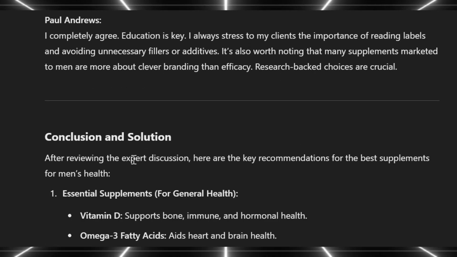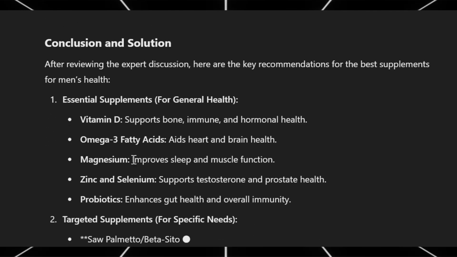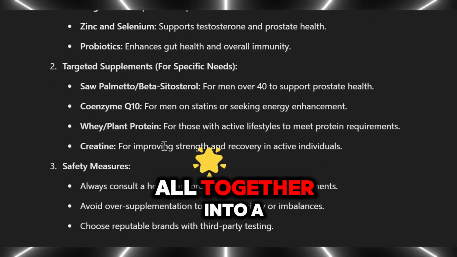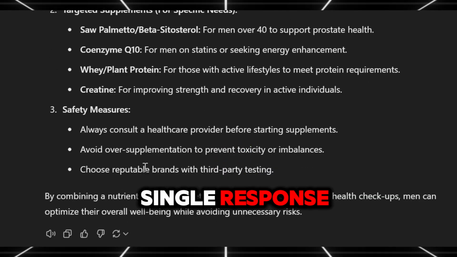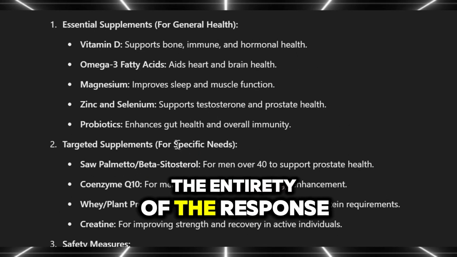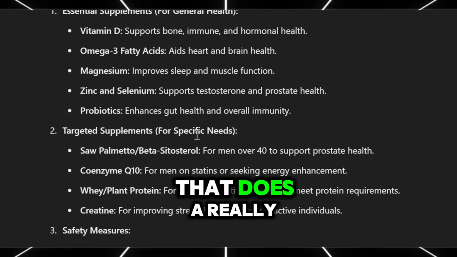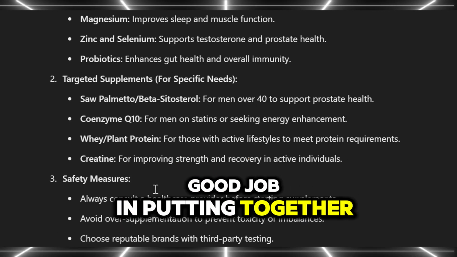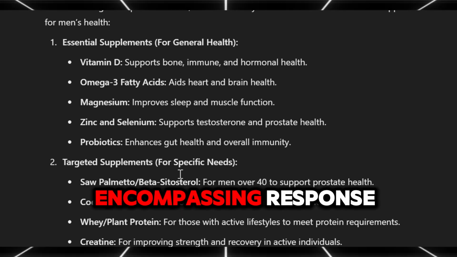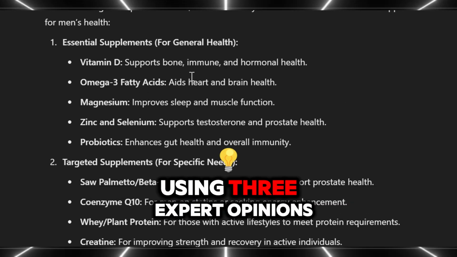And once they've engaged in that discussion, ChatGPT will take that and it will put it all together into a single response. So here we have the entirety of the response, and you can see that it does a really good job in putting together a pretty holistic and all-encompassing response using 3 expert opinions.